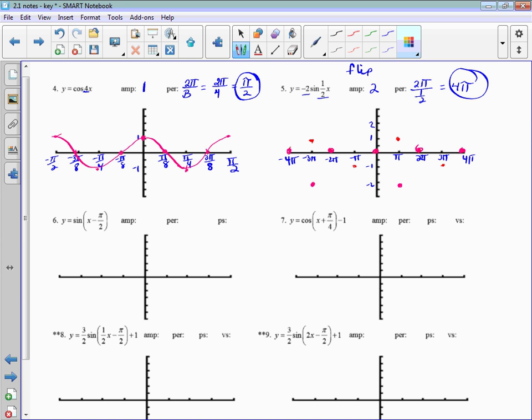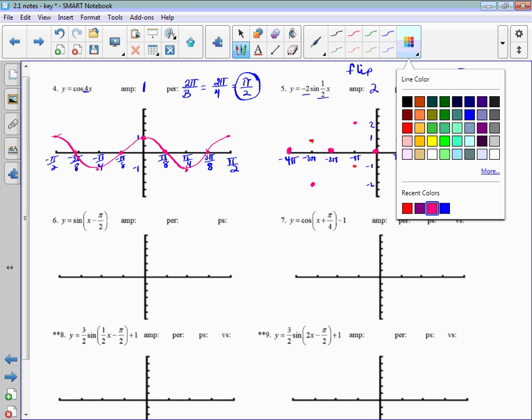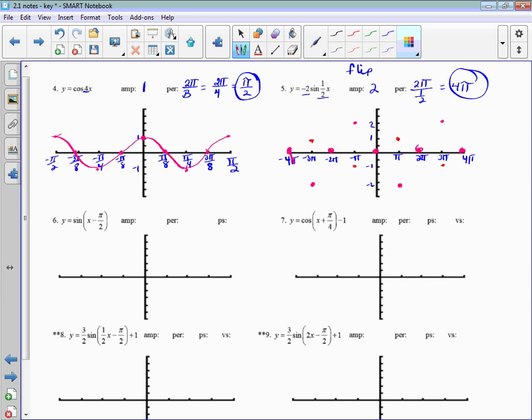The ones that are at -1, where are they going to go? I like my color choice here. Okay, yes.